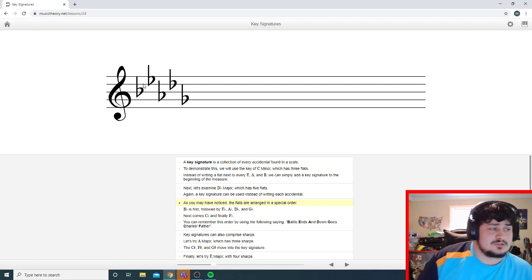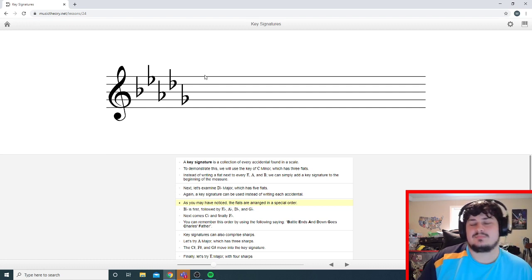You will always have B flat first, followed by E flat, followed by A flat, followed by D flat, followed by G flat, followed by C flat, followed by F flat.